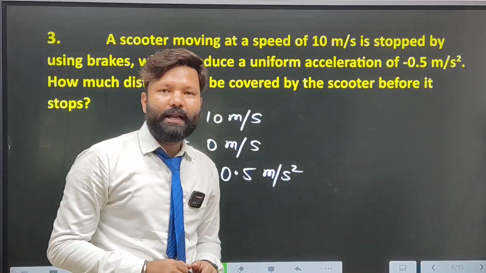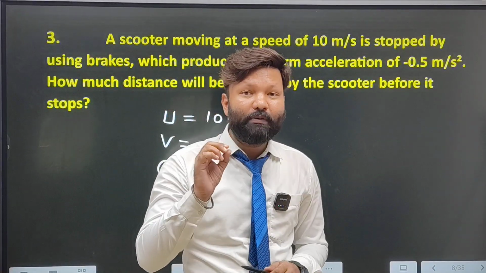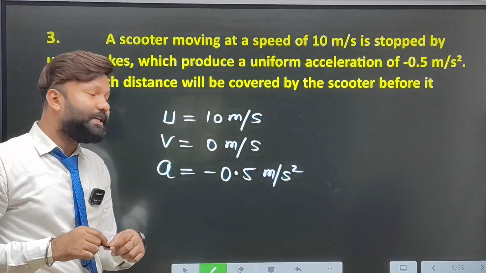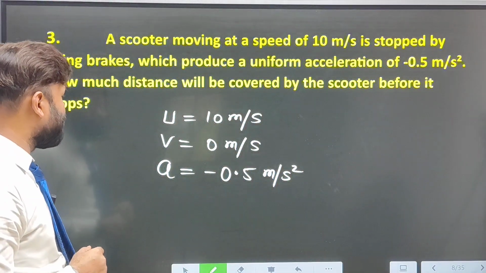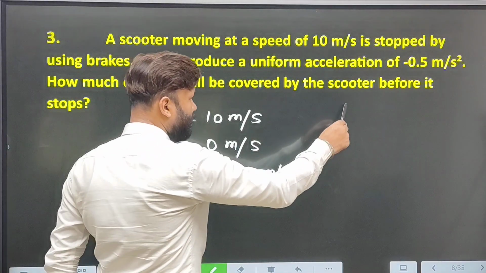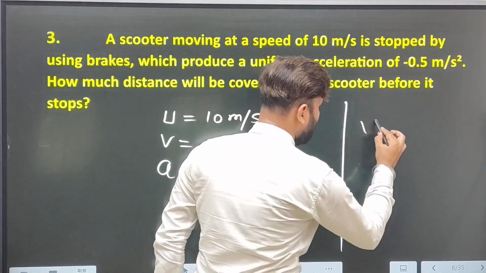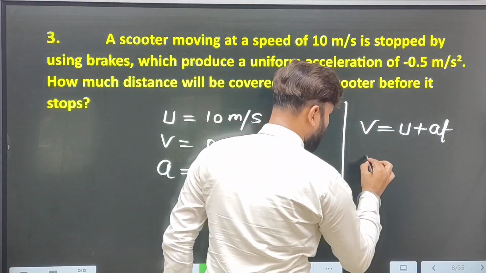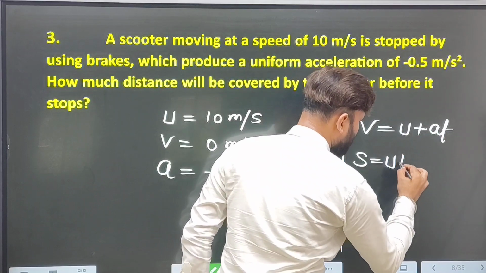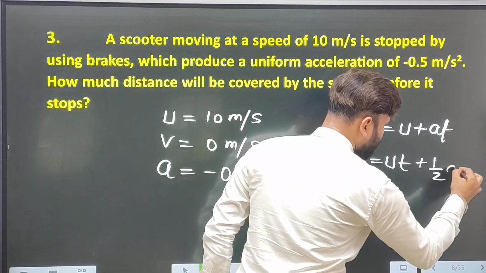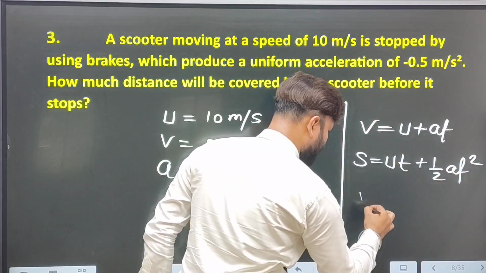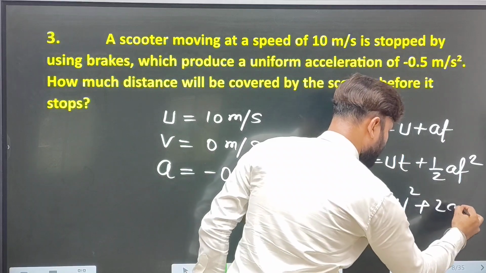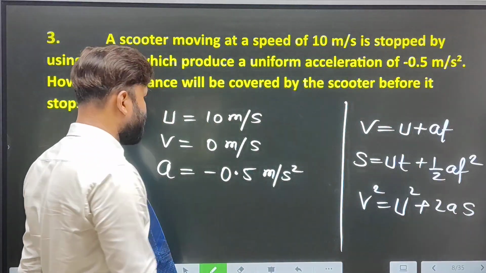Now, there are 3 equations. v is equal to u plus at, s is equal to ut plus half at square, and the third, v square is equal to u square plus 2as.